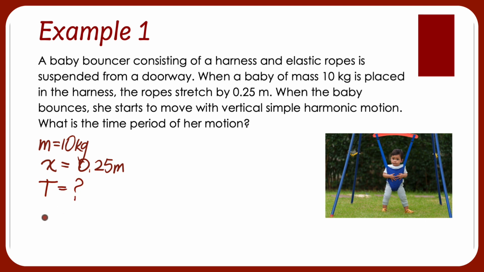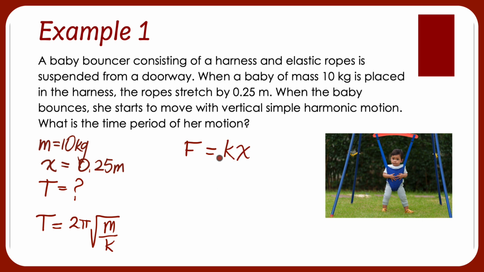Now, if you remember the equation that we had for a mass spring system, and that's basically what we have, 2 pi root m over k. Before I can do anything, I'm going to need to find the k value, the spring constant. Well, we do know this. Force is equal to k times x for our spring.